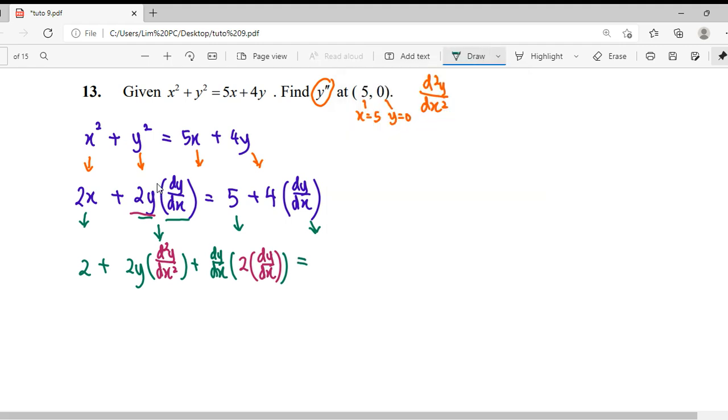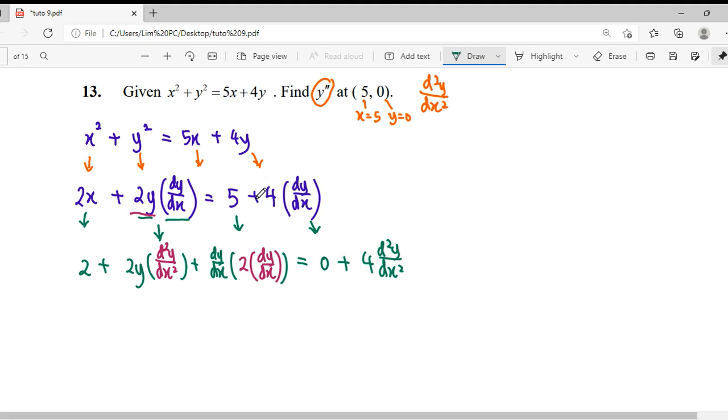Then continue: differentiate the constant, which leaves us 0. Plus, this is one term only. This is not a product rule because this is a constant times dy dx. So we only need to differentiate dy dx. Differentiating dy dx here will become 4 d2y dx squared. So this 4 is a coefficient for this dy dx, so this is not a product rule.